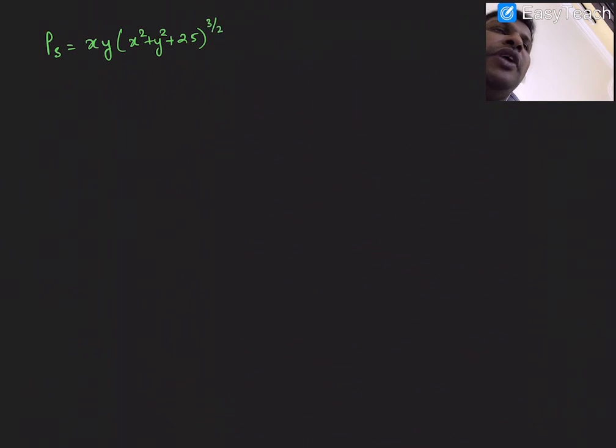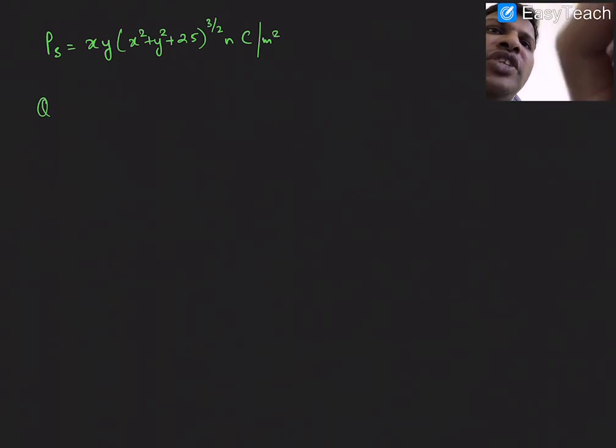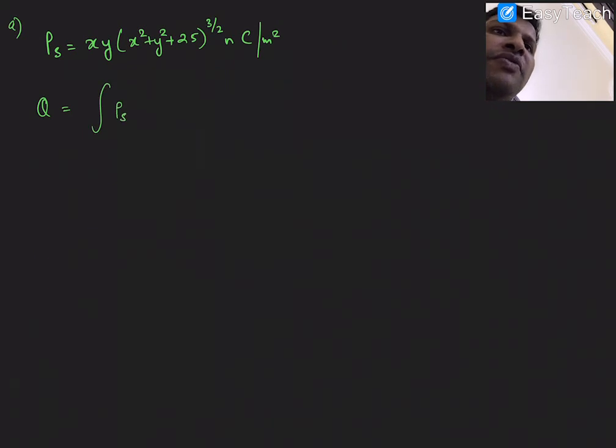So it is given that the charge density is xy into (x square plus y square plus 25) whole power 3 by 2, and the unit is nanocoulomb per meter square, and you want to find the total charge on the sheet. Now to find the total charge, you have to integrate the surface charge density over the whole area.